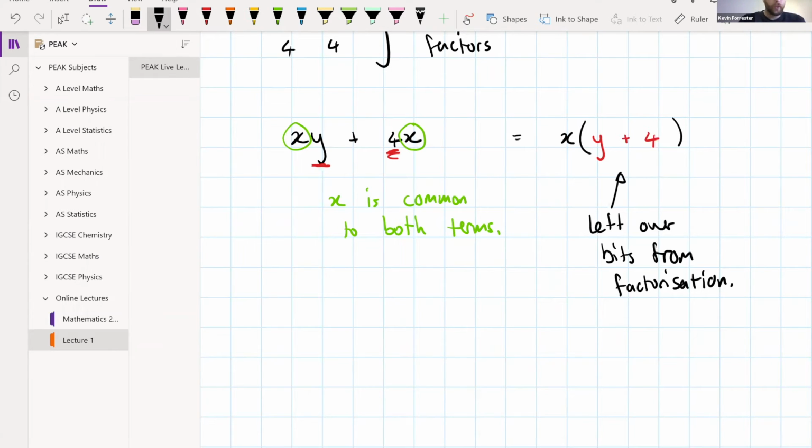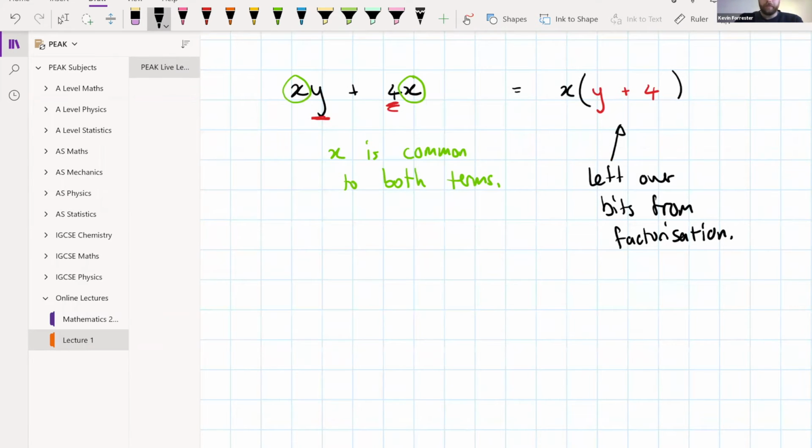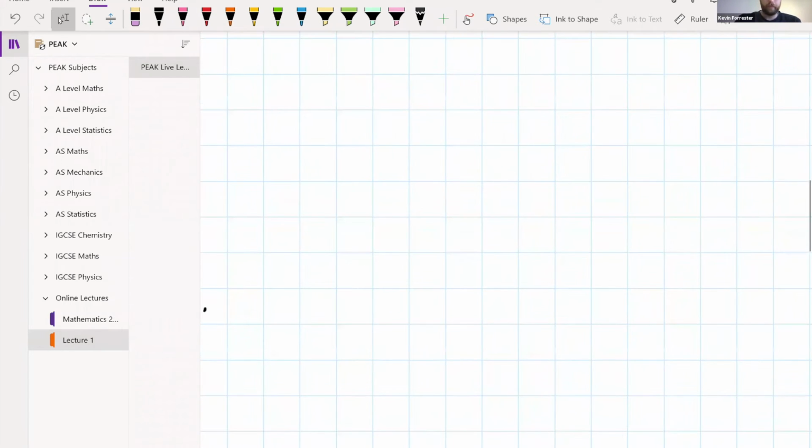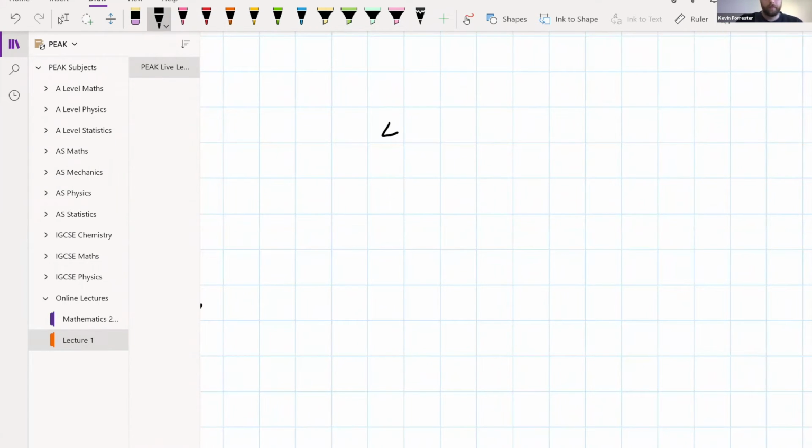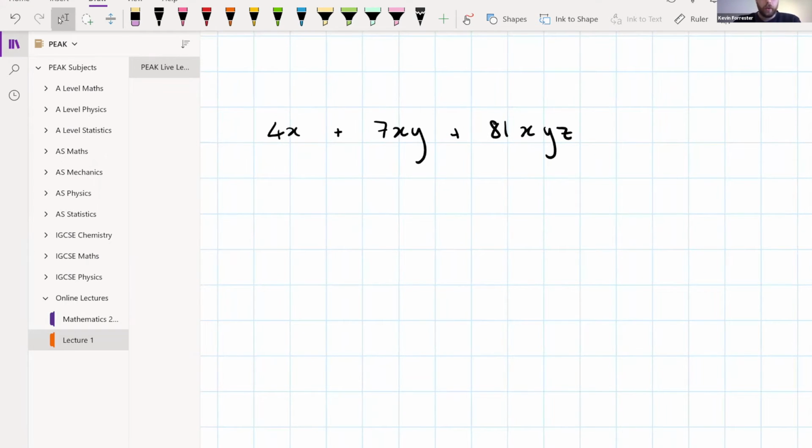Let's take a look at some more complex examples of this. Okay, so let's add in another term here. So here we can see that all three of these terms share the x.